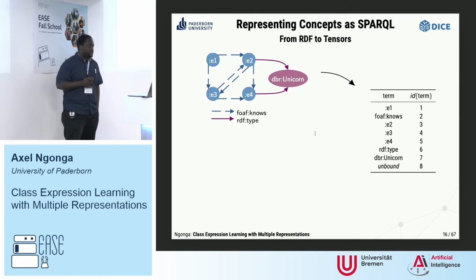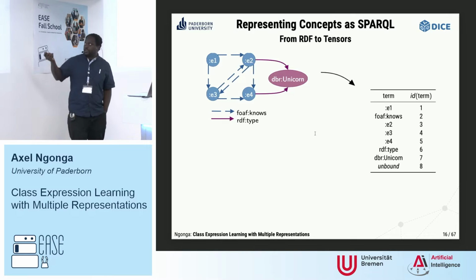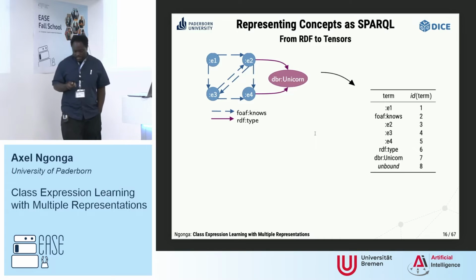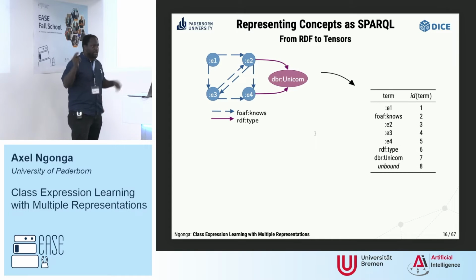Number one, we need some form of index structure, that's the standard part. We can give these things an ID, very straightforward, 1 to 8. The key here, and that is the key formally here, is that number 8, we always have an ID for the unbound things. And unbound things will later need to actually map variables.